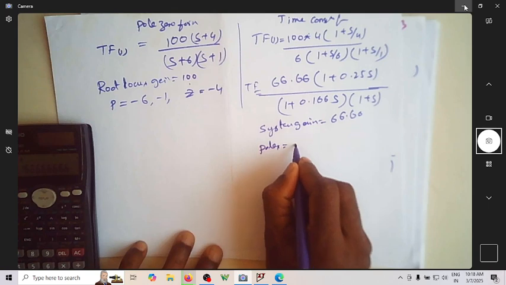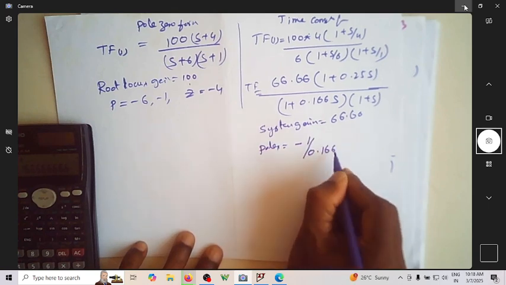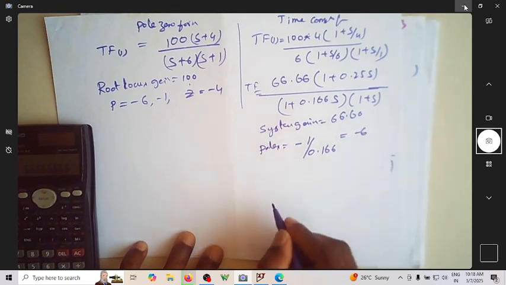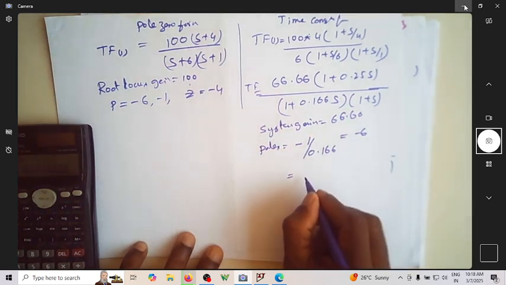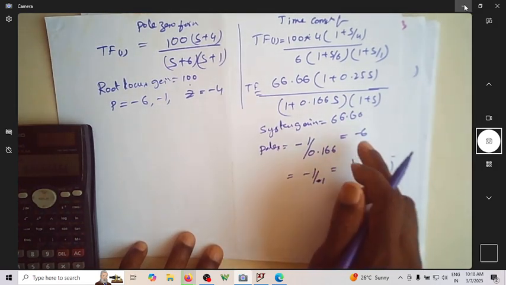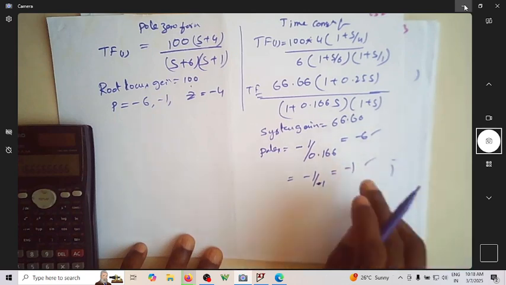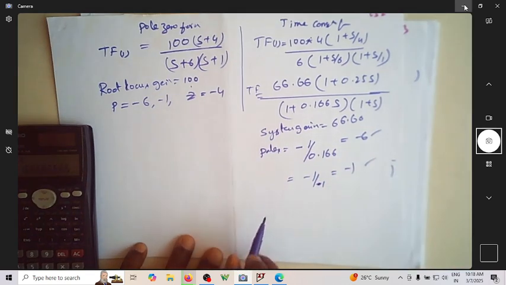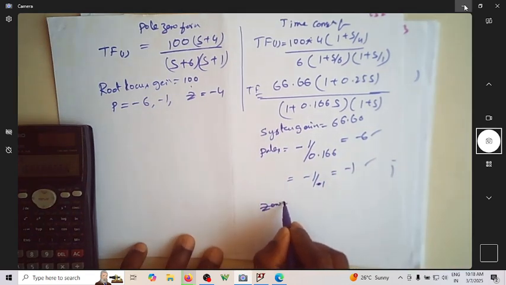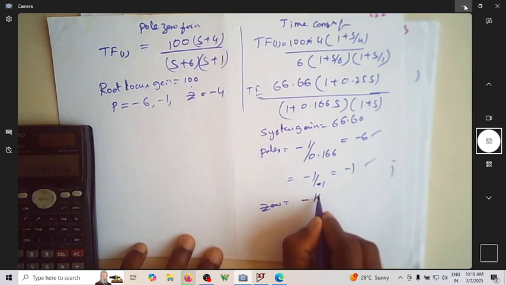Poles are at -1 over 0.166, which is nothing but -6, and the other one is at -1. So don't you have poles at -6 and -1? Where are zeros now? There is a zero at the negative of the time constant.